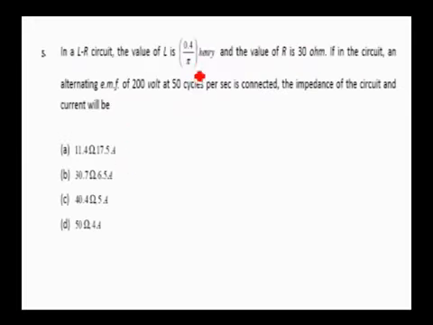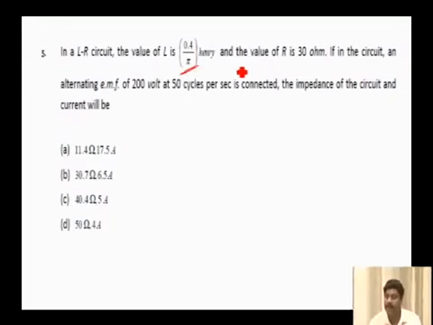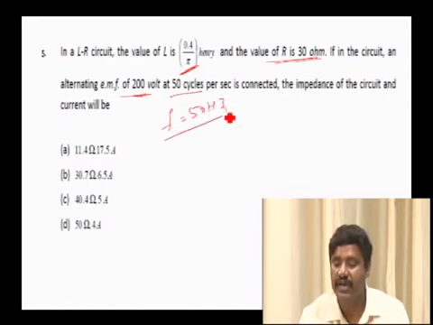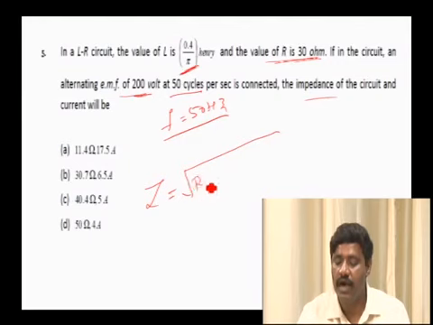In an LR circuit, we have L as 0.4/π. The value of R is 30 ohm and EMF is 200 volt. 50 cycles per second is nothing but the frequency, 50 hertz. The formula for impedance is Z = √(R² + (XL − XC)²).